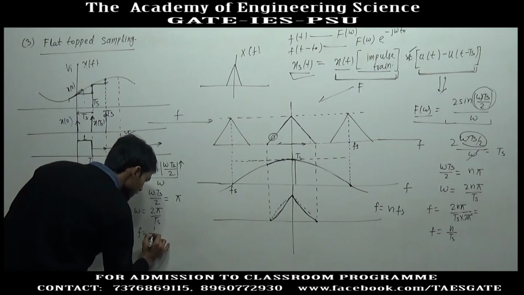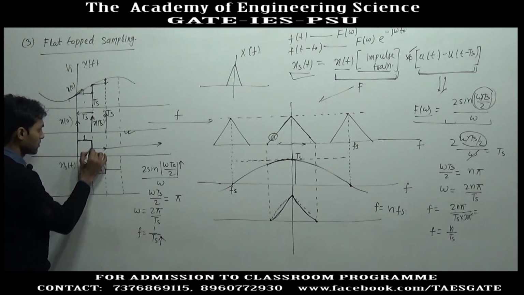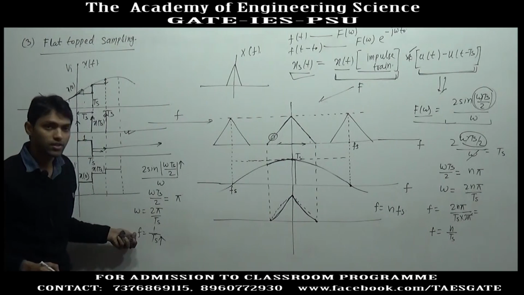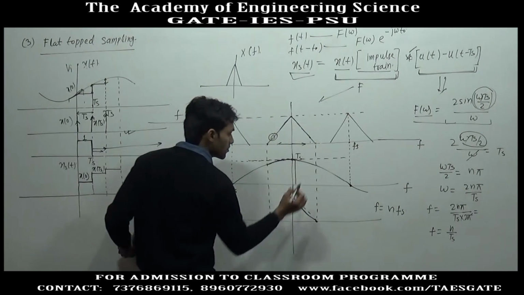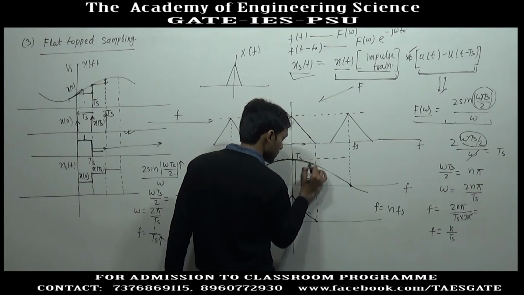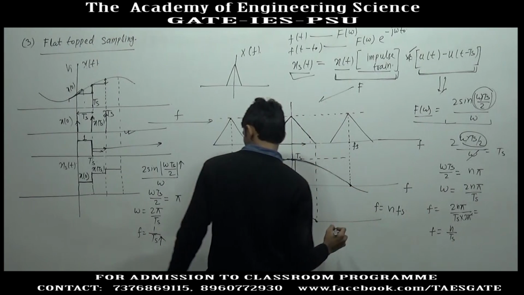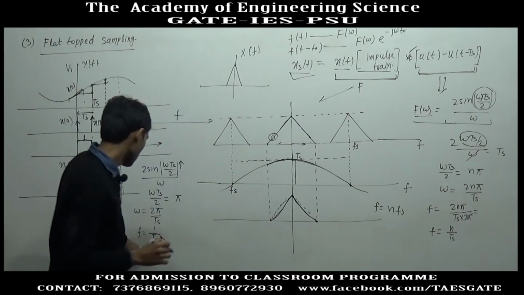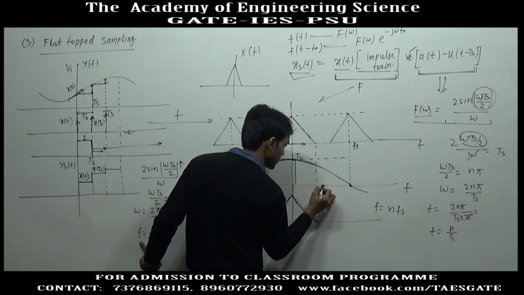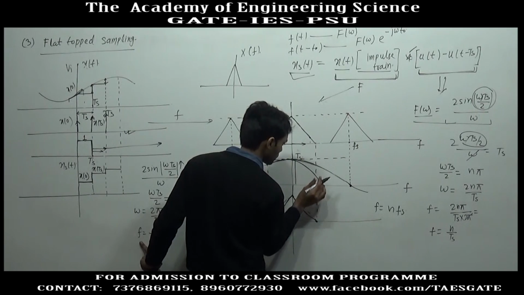Now, if Ts is increased, or the pulse width of the signal is increased, at a lesser value of frequency this will have 0 component, or we can say that this graph will decrease rapidly. Suppose now f will decrease, now this will be 0 earlier than this point. So, we will get this kind of graph.